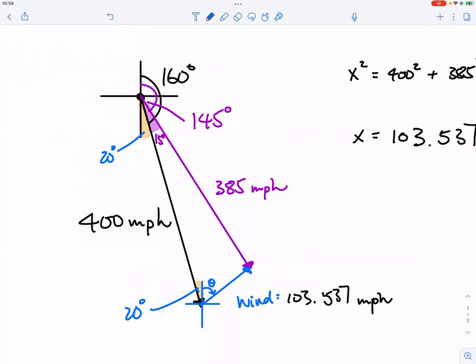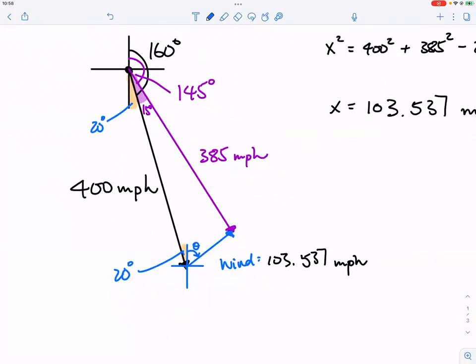So that means the thought process, yes. This is 160. So what's left? 20. Okay. So the thought process is that you are capable of finding this big angle right here. And after you find out this big angle, you will simply subtract 20 to get your actual bearing.